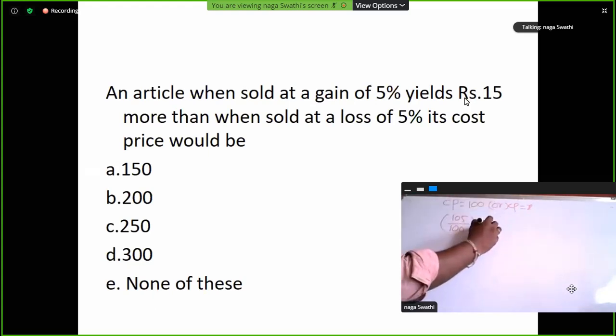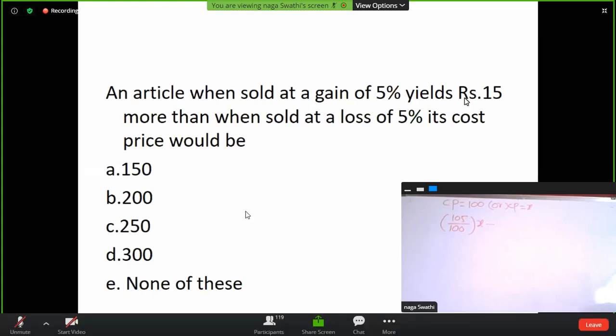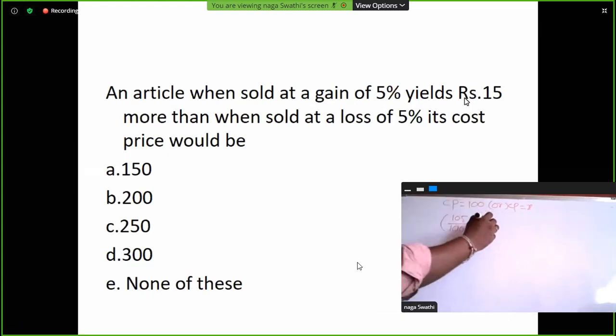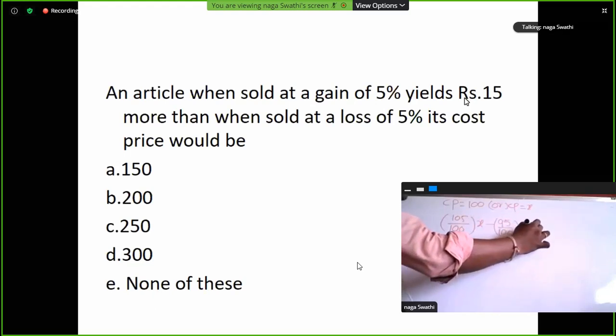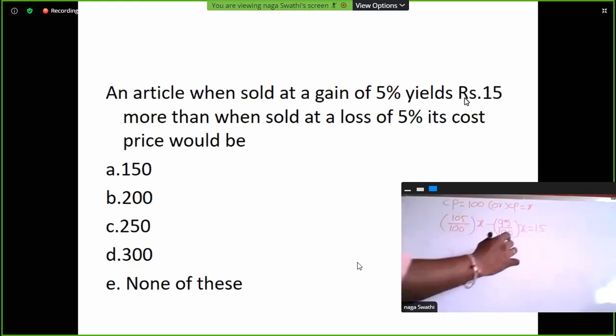Clear? Minus here, please underline the word more. That means it is a difference. Clear? More or less, both are equal, difference. Clear? Minus next one 5% loss. 100 minus 5, 95 percentage. 95 percentage of x is equal to, what is the difference, ma'am, here? 15 rupees.